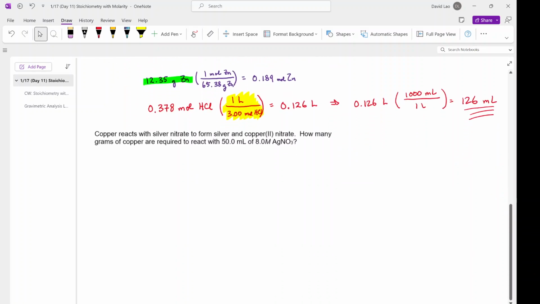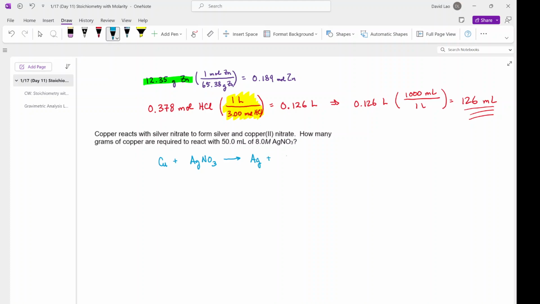Let's do one more example problem. Again, we want to write down our balanced chemical reaction. This reaction tells us we have copper reacting with silver nitrate, AgNO3, as you might recall if you remember polyatomic ions, and that goes to silver metal. This is a redox reaction.